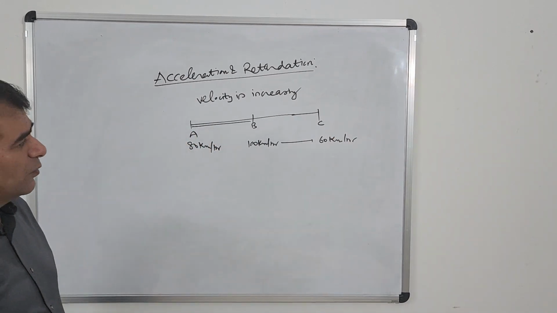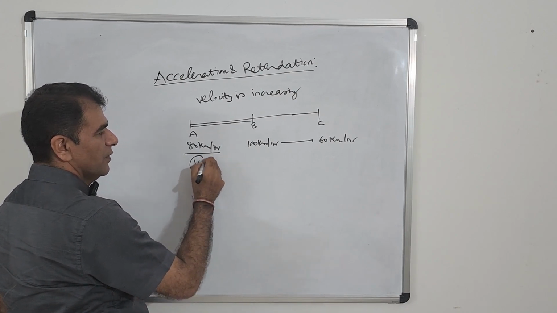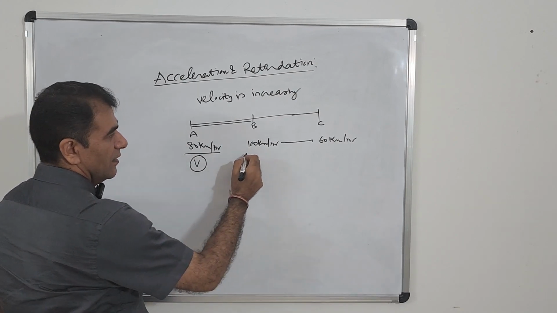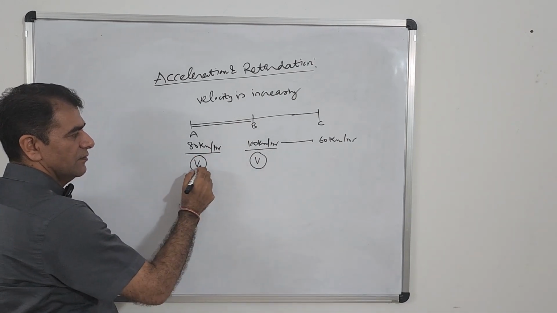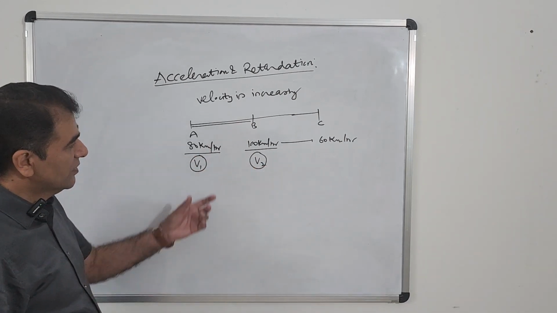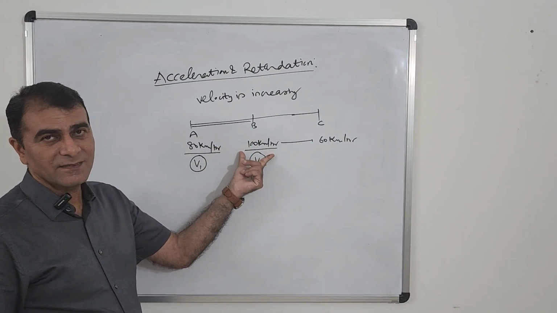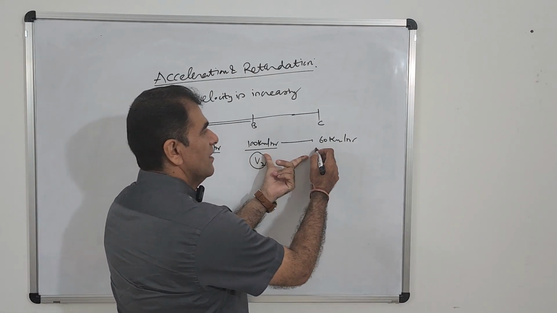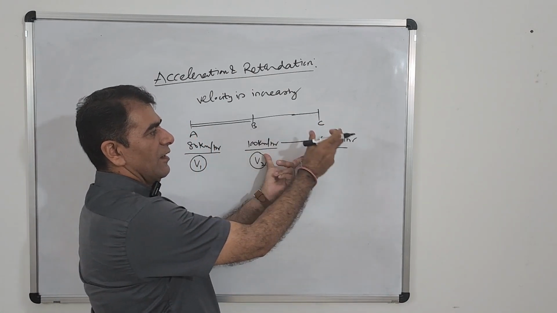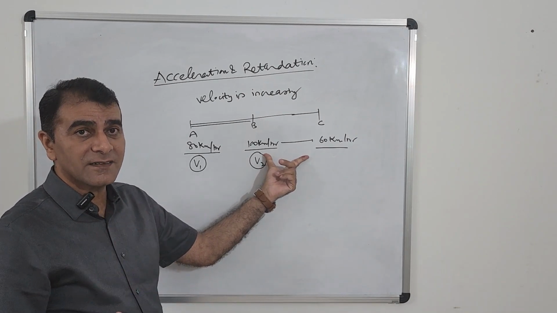So what is the general observation? Here velocity is 80 kilometer per hour. Here velocity is 100 kilometer per hour. Call them V1, V2. You just see velocity is increased, and from B to C, velocity is initially 100 and finally 60. Now velocity is decreased.